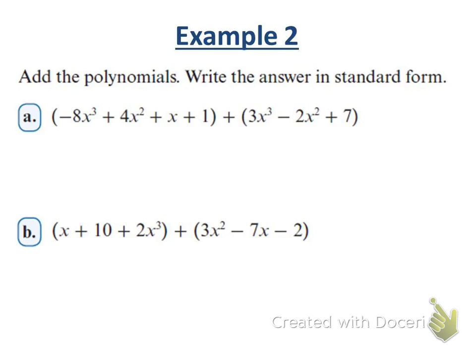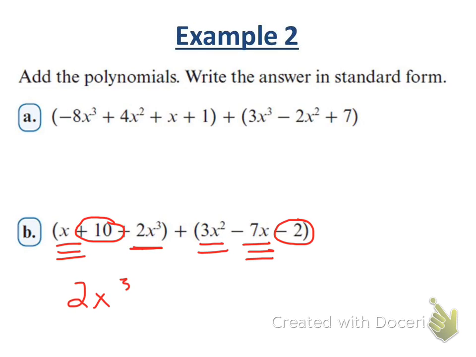Let's start with the biggest one, 2x cubed, the highest degree term. It doesn't have any friends, right? 3x squared also doesn't have any friends. But x and negative 7x, those are like. And then positive 10 and negative 2 are like.